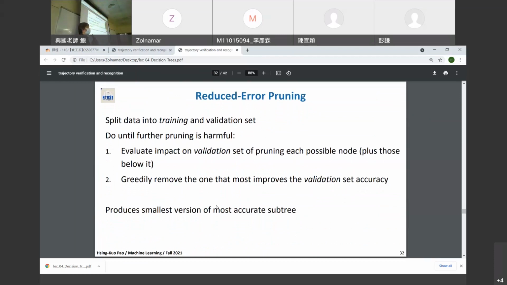Pruning means we try a smaller model rather than a bigger model. For example, if for each small subregion down at the bottom we think the number of data points is too small, then we stop. Usually we call this pre-pruning.